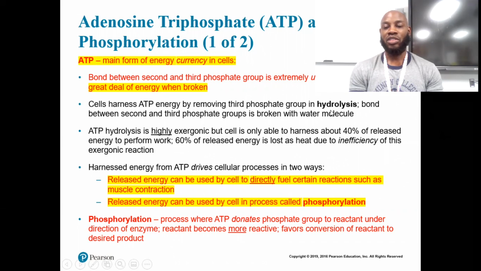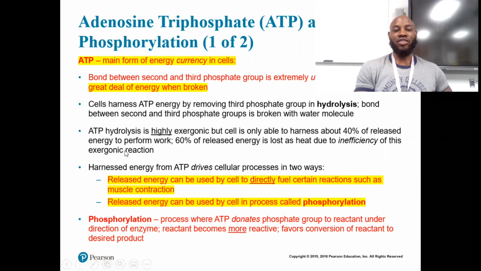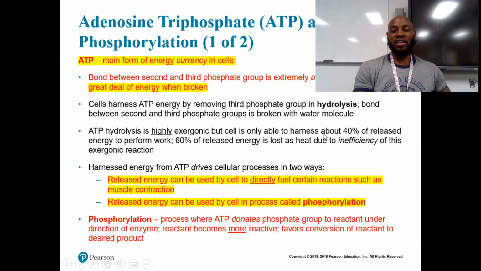Look at that term closely: hydro, water; lysis, to break apart. So the bond between the second and third phosphate groups is broken with a water molecule. So you use water to break something apart. It's highly exergonic, meaning it releases energy, but the cells can only harness 40% of the released energy to perform work, and the other 60% is lost as heat, right?